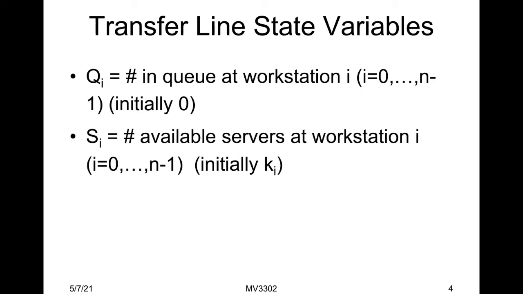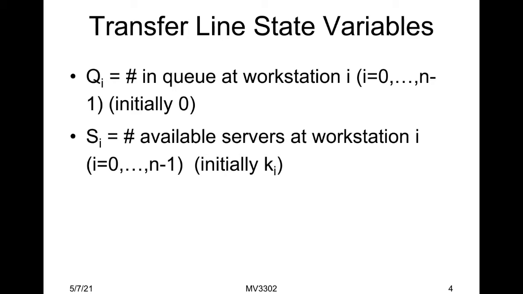Okay, so our state variables again are just similar to the multiple server queue component, except that it's an array now. So we have an array of integers, Q, which represents the number in the queue at each workstation. So Qi is the number in the queue at workstation i, and i goes from 0 to n minus 1.